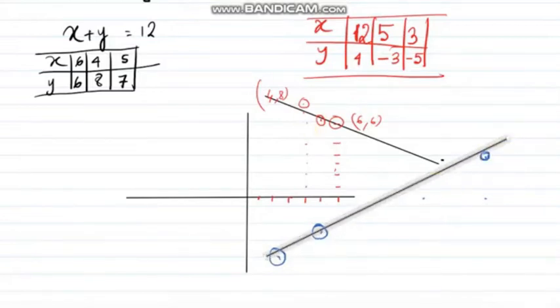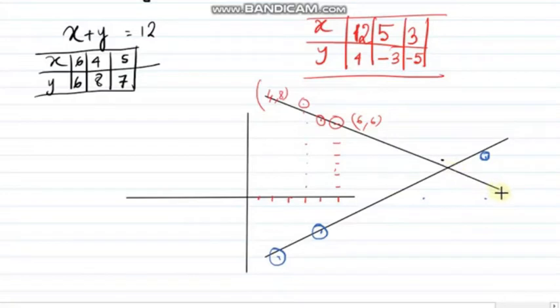We need to make sure that these lines intersect, and that intersection point will be the solution. If you check the intersection point, that will be 10, 2, and that will be the solution.